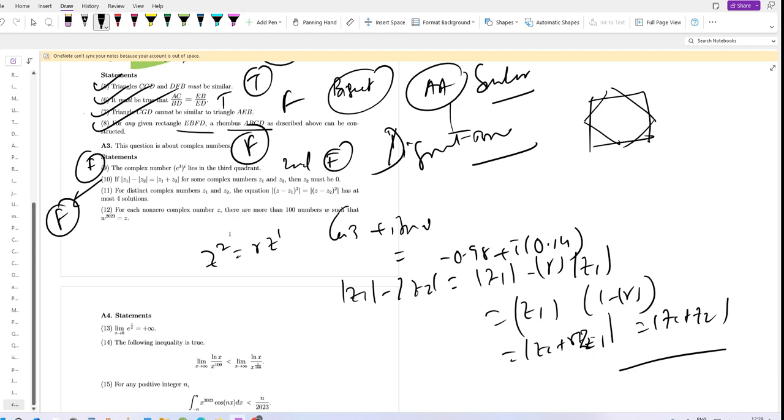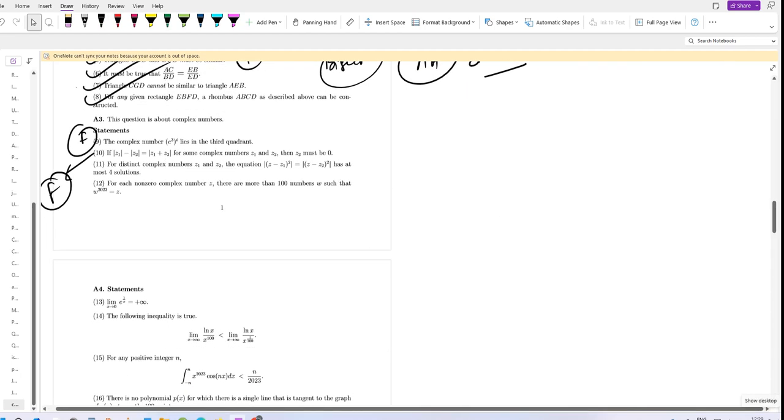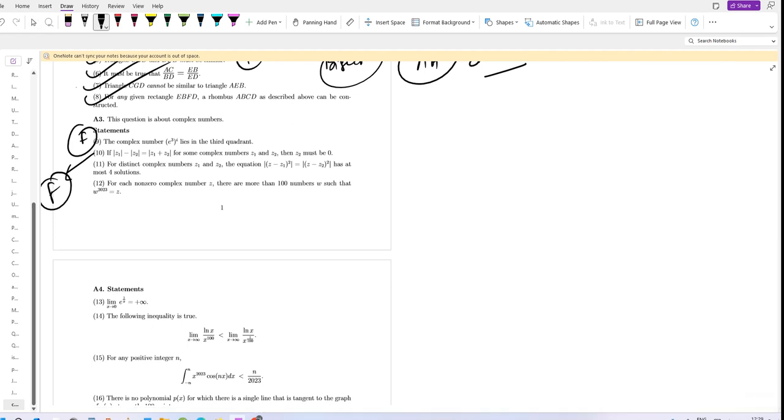For distinct complex numbers z1 and z2, the equation has at least 4 solutions? This is equidistant from z1 and z2.